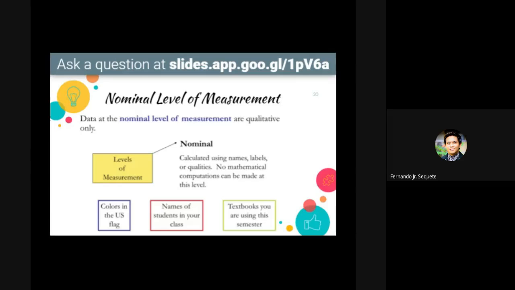Sa nominal level natin, calculated using names, labels, or qualities, and then no mathematical computations can be made at this level. Wala, no? Like for example, colors in the US flag. So kanang mga colors nato sa pila man kamo colors. Oh, kanang sa US flag, 1, 2, 3, 4, 5. Okay, that's it. Names of students in your class.